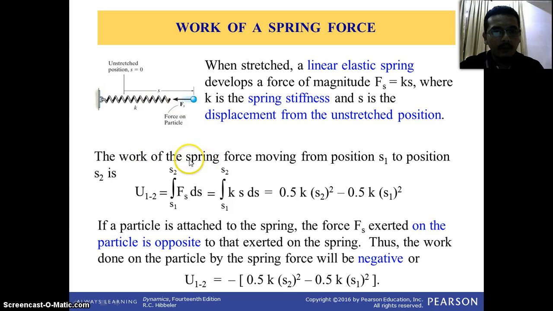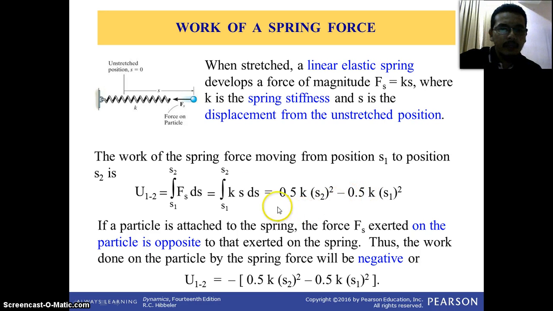The work done by the spring force moving from s1 to s2 is given by integrating Fs ds from s1 to s2. Substituting Fs equals ks, we get 0.5 k s2 squared minus 0.5 k s1 squared, or half k s2 squared minus half k s1 squared.